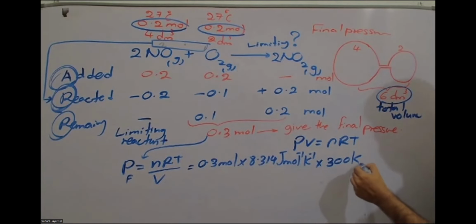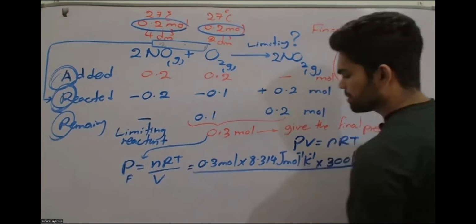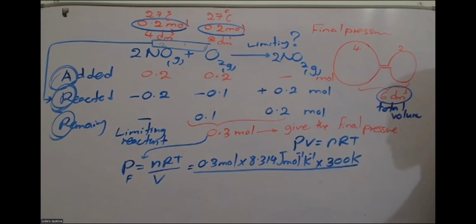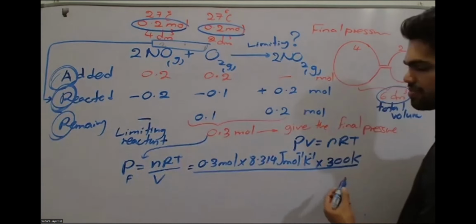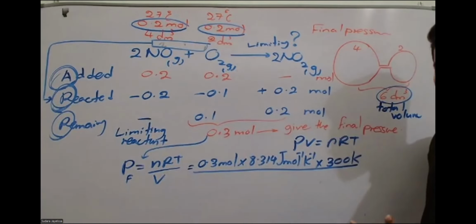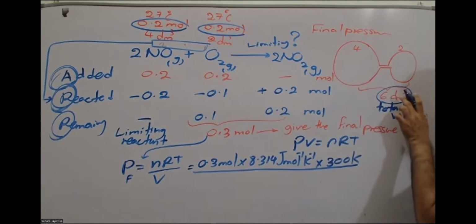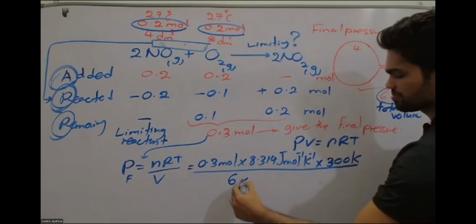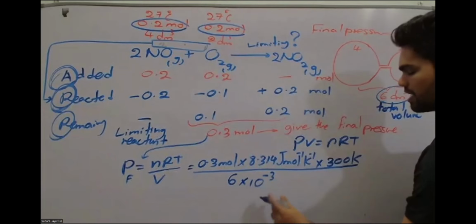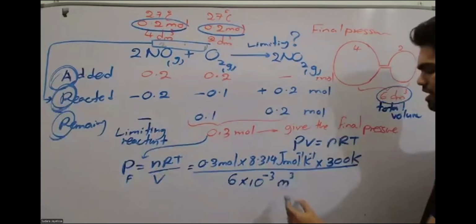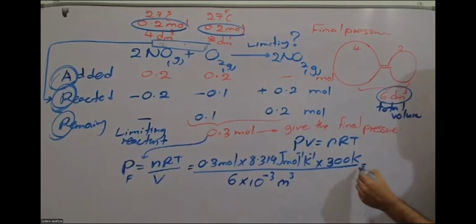We have done several questions from this topic about PV equal nRT, so I hope you remember the logic and the principles behind that. We must apply SI units, so we have to put here the final volume, which is 6 decimeter cube, but we have to convert it into meter cube. After that, we can simplify.